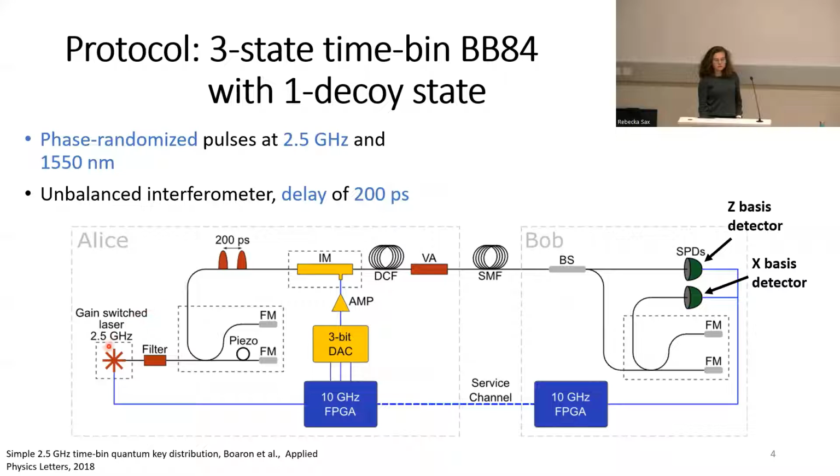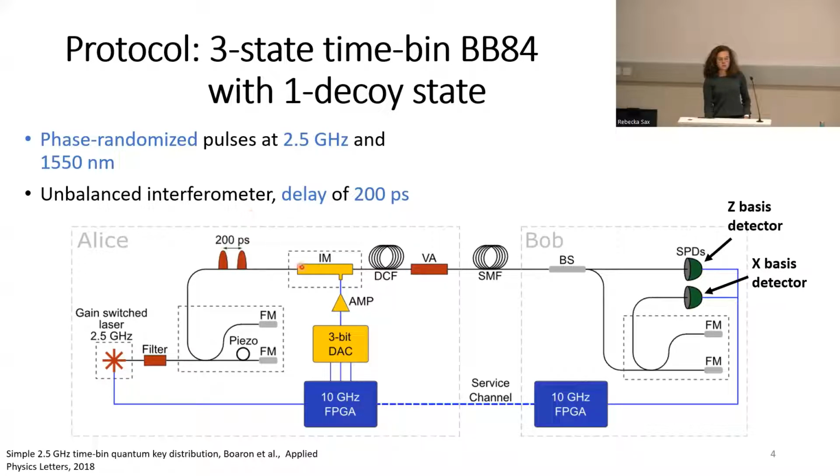We gain-switch our laser to produce phase-randomized pulses at a frequency of 2.5 gigahertz and a wavelength of 1550 nanometers. The pulses pass through a narrow bandwidth filter and then into an imbalanced Michelson interferometer. Here we have a delay line of 200 picoseconds, so pairs of phase-correlated pulses will be produced, and these are our qubits, separated by 200 picoseconds.